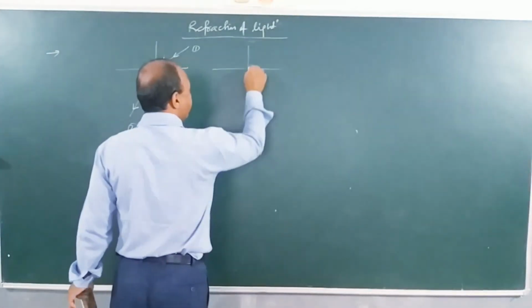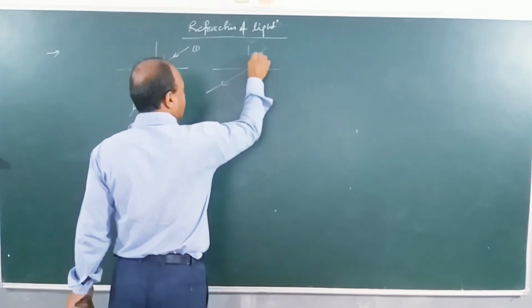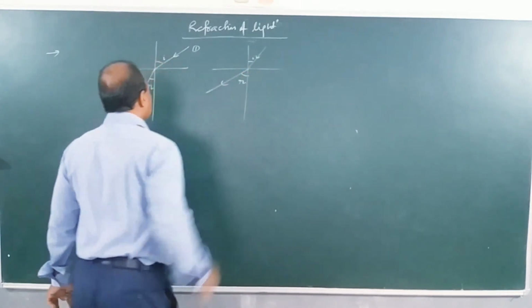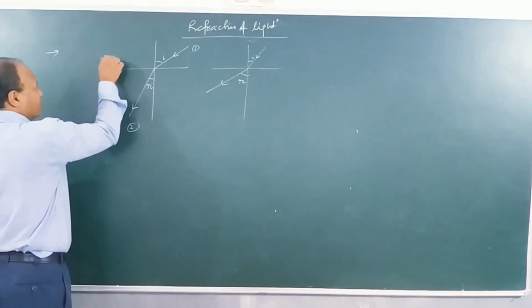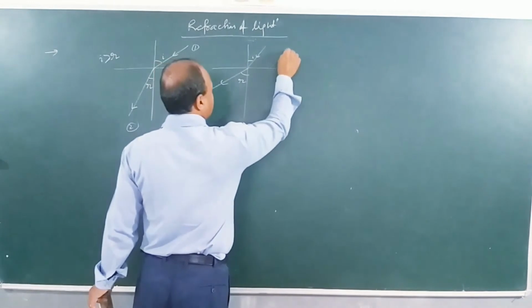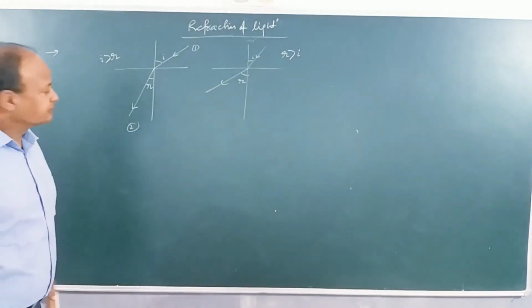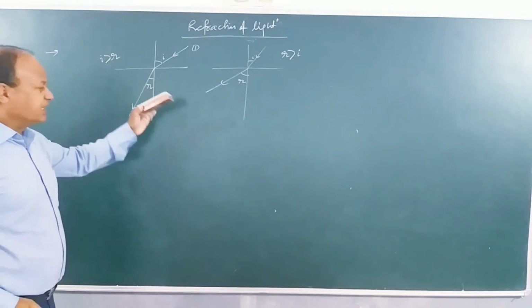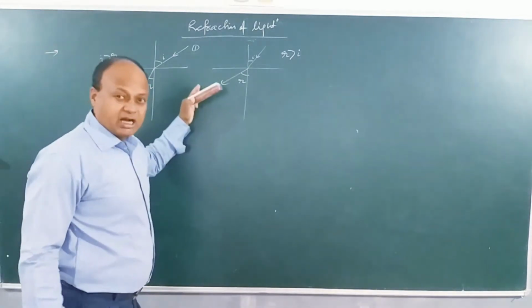Now, here the ray is bending away. This is I, this is I. Children, when I look at this diagram, I find that I is more than R. When I look at this diagram, I find that R is more than I. In both the cases, the ray is bending, but first ray is bending towards the normal, second is bending away from the normal.